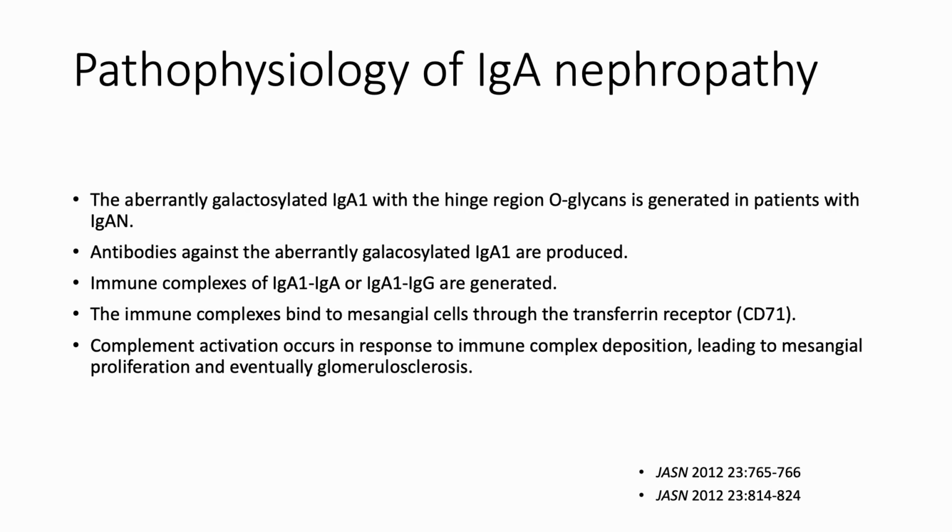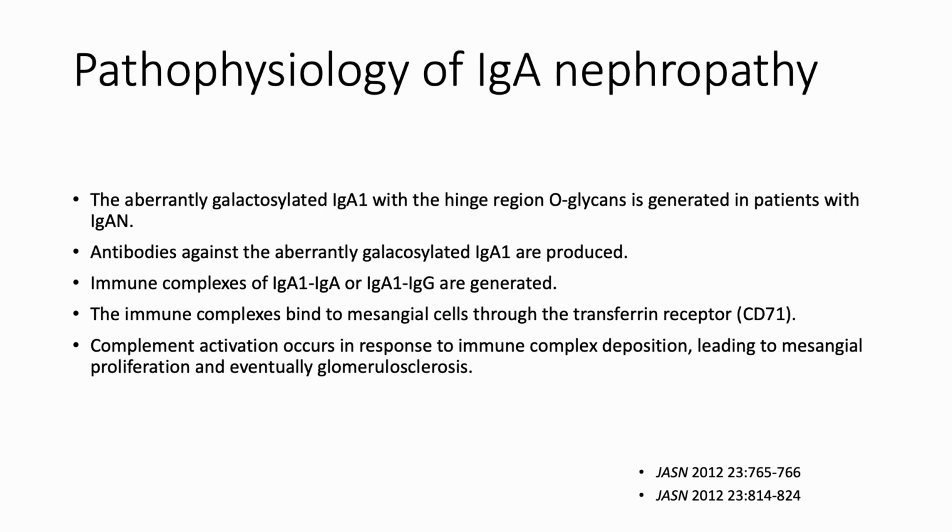What is the pathophysiology of IgA nephropathy? Here in the blood, we have IgA1. These IgAs are abnormally galactosylated, meaning the galactose on them is abnormal.